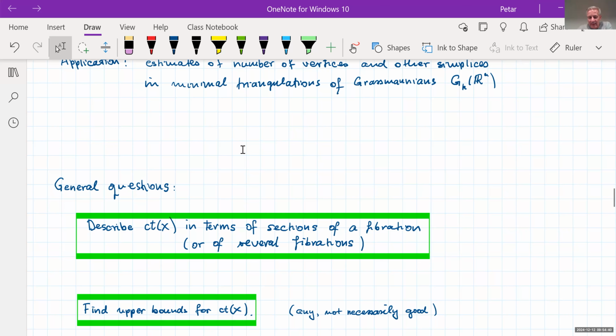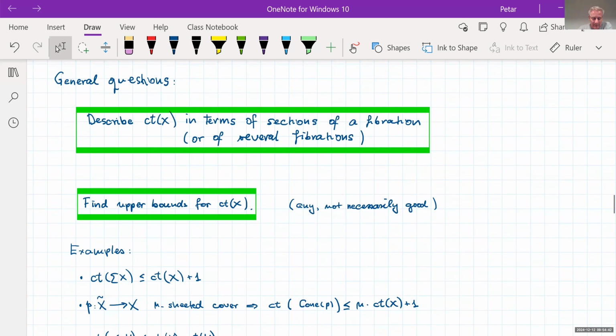And again, let me just list a couple of examples. If you suspend the space, then its covering type increases at most by 1. If you attach a cone by an n-sheeted covering map, like when you make cyclic groups, Moore spaces and things, then the covering type of the cone is at most n times the covering type plus 1.